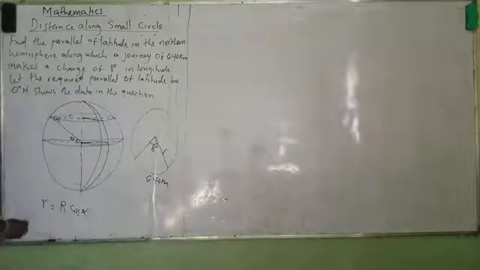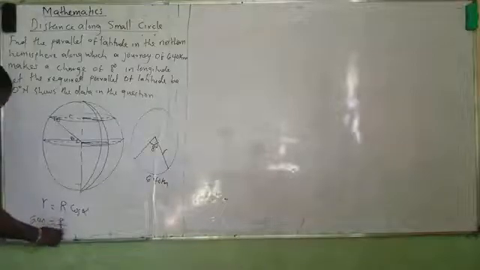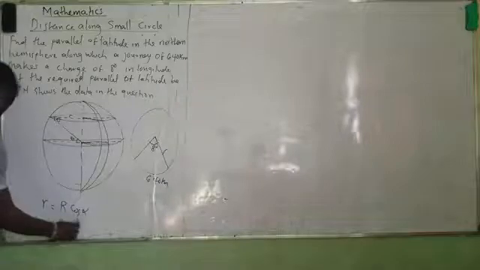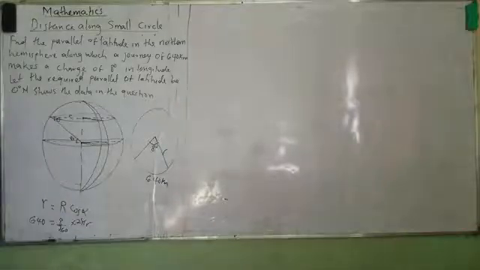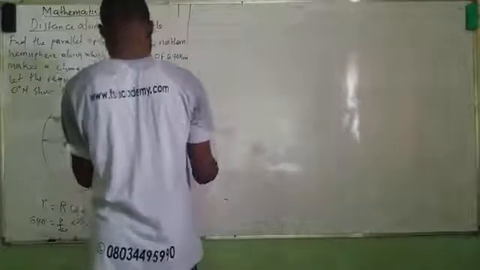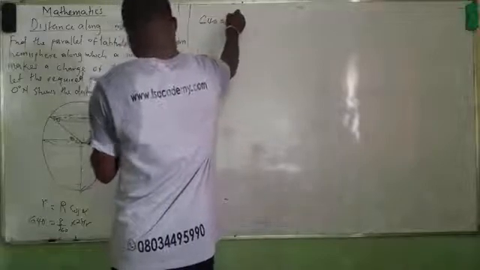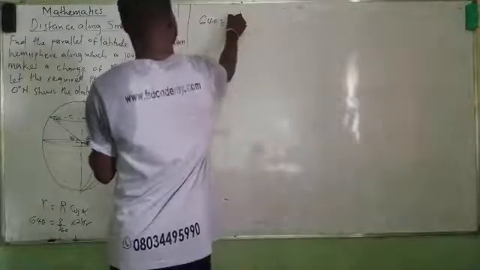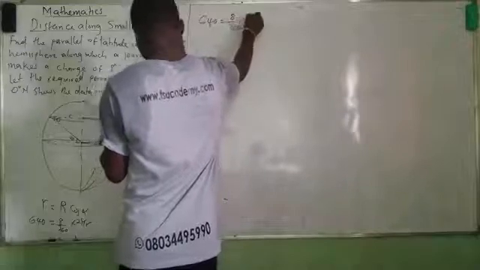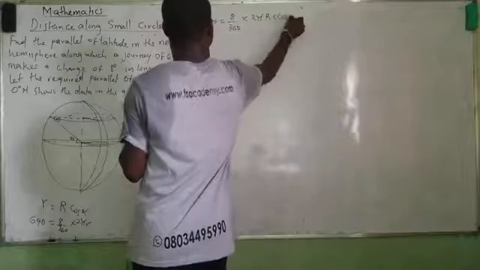Now at this point I will now say that 640 equals to what, all over 360 multiplied by 2 pi r, which I'll be having 640 equals to 8 all over 360 multiplied by 2 pi big R cos alpha.